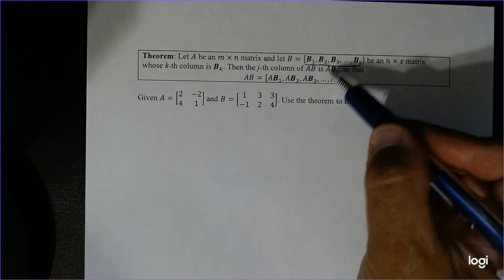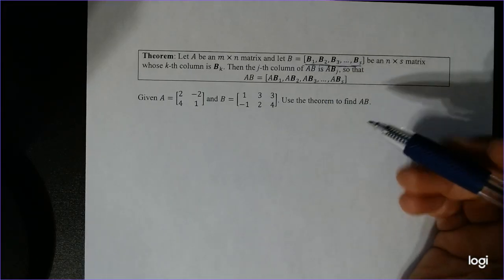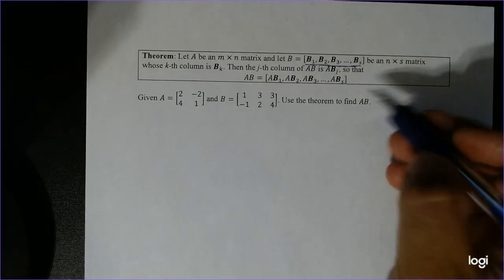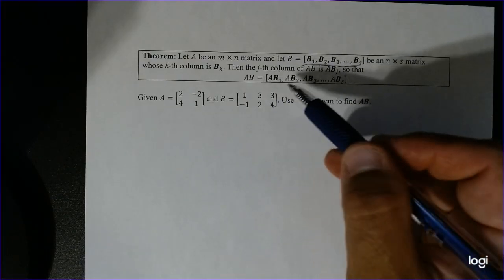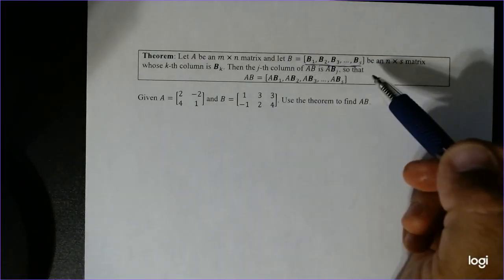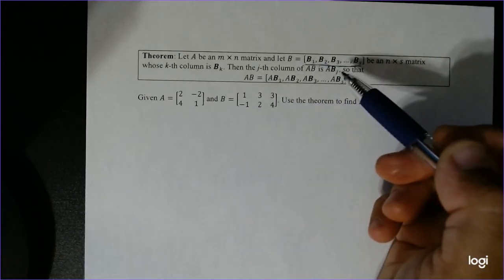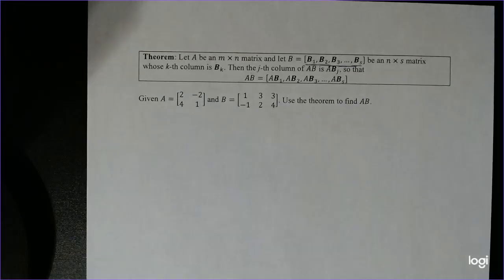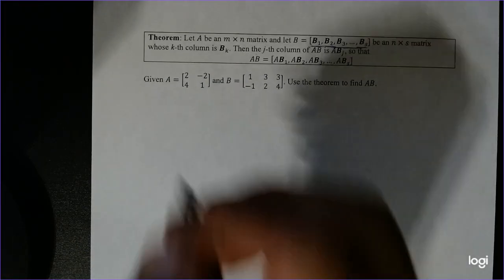Then the jth column of the product AB is A times the jth column of B, so AB is equal to each individual one: the original A times its individual column portions. Again, the theorem is much more complicated than it actually is. It's pretty straightforward, so let's try this out.